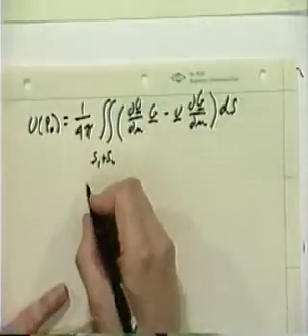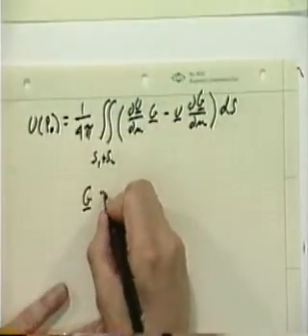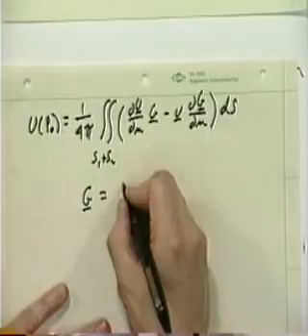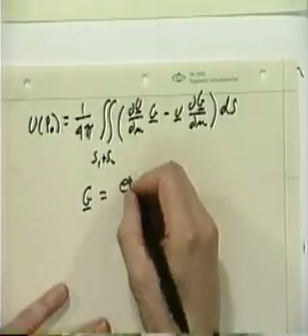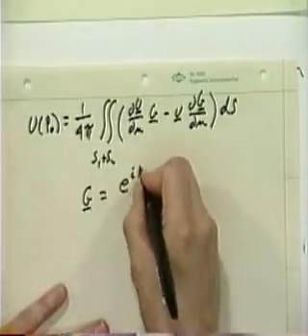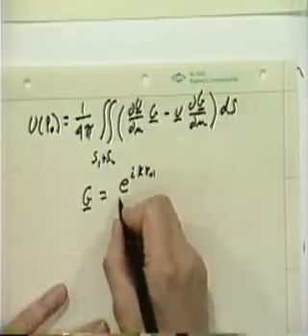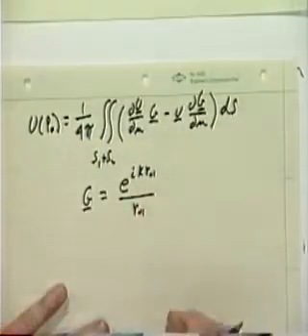And so G here, we had picked last week, or earlier this week I should say, as e to the ikr01 over r01.